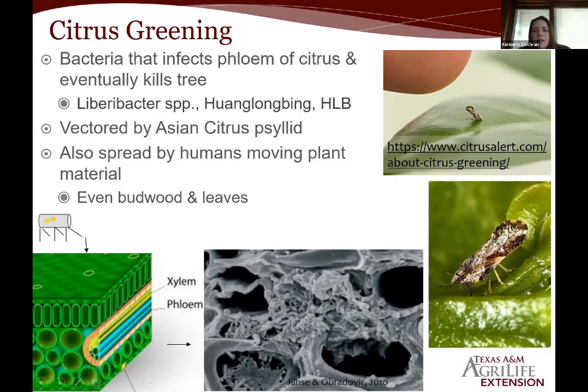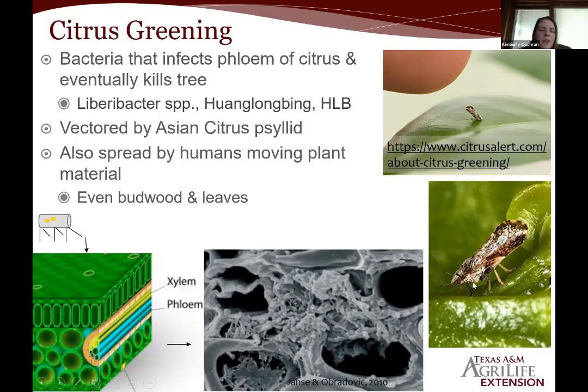Now, that little psyllid looks like this up close. One key red flag for looking for these in your citrus is that they always sit at this distinctive 45-degree angle with a very flat head end that they keep oriented parallel or against the leaf surface. That's a key thing to look for.